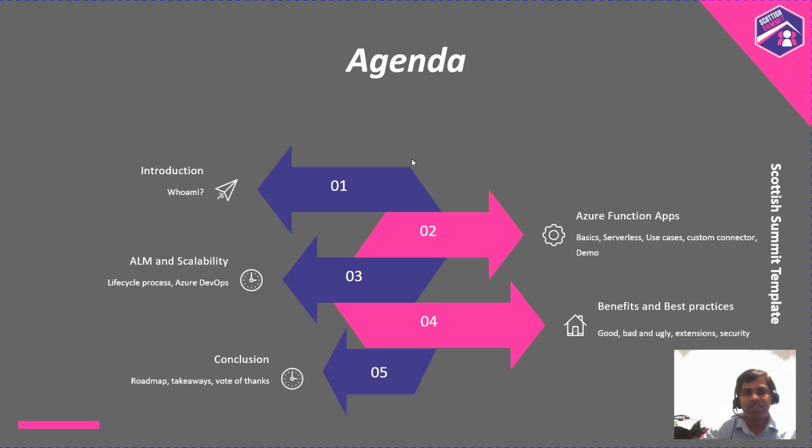Okay, agenda. We are starting with an introduction of myself, and later we'll jump into what Azure Function apps are, and then the extension, like how do we start migrating to Azure Functions. So it's the ALM process, the end-to-end project.